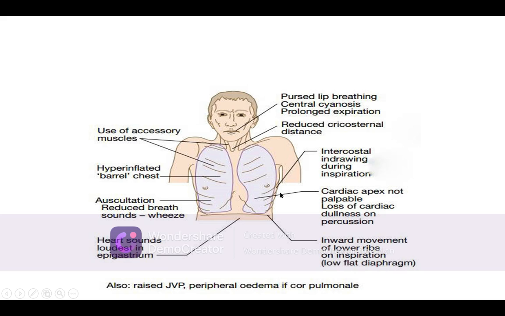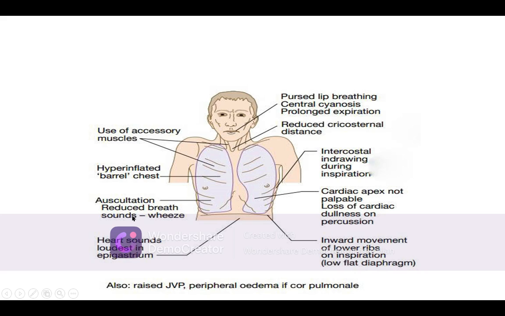There is intercostal indrawing during inspiration, and indrawing of the subcostal also. Inward movement of the lower ribs in inspiration. There will be a low flat diaphragm, and the heart sounds which should be heard here will be clearer in the epigastrium, because the distended lungs are covering all over the chest.